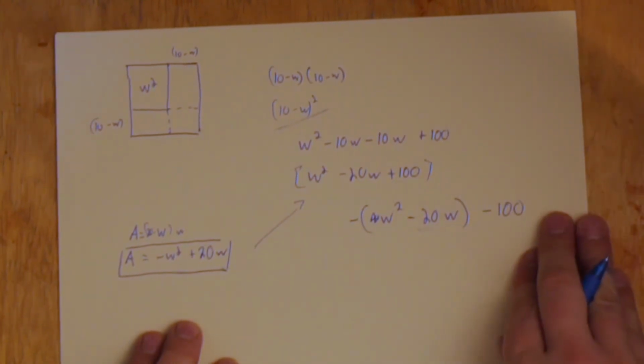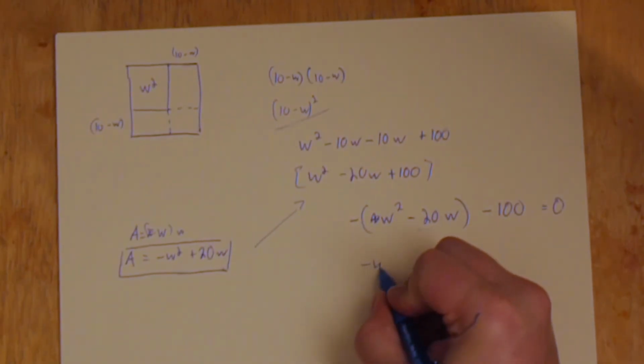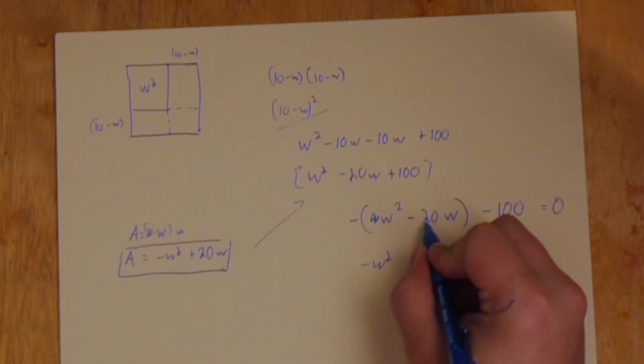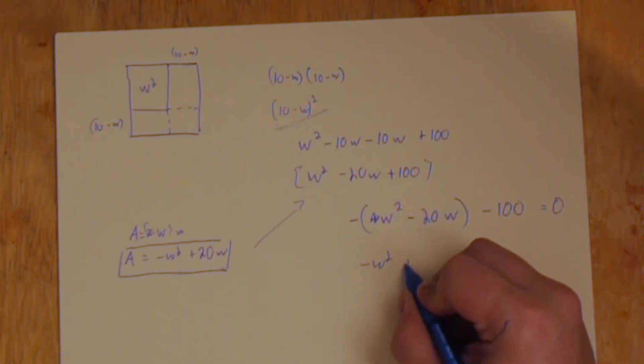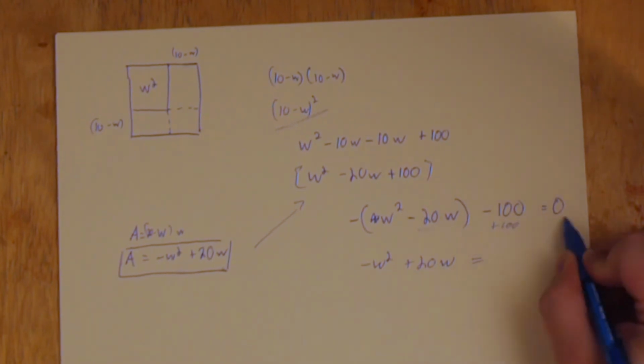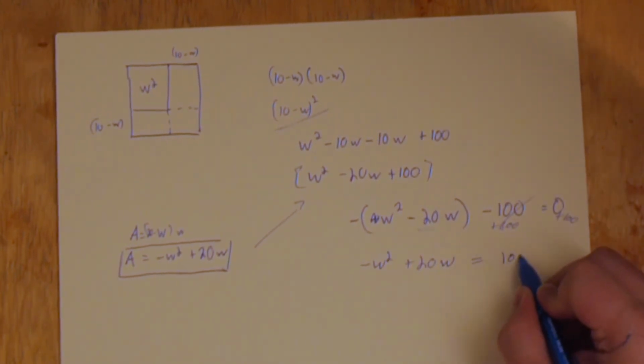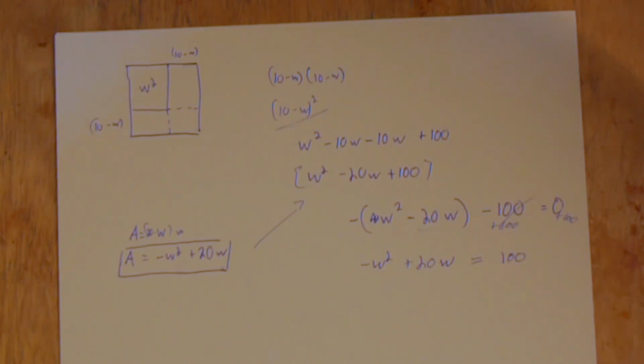We just took the negative of this whole thing. If this is 0, which we can assume it is based off of our testing, that means I have minus W squared, factor in the negative 1, plus 20W equals, let's add 100 to both sides, 100.